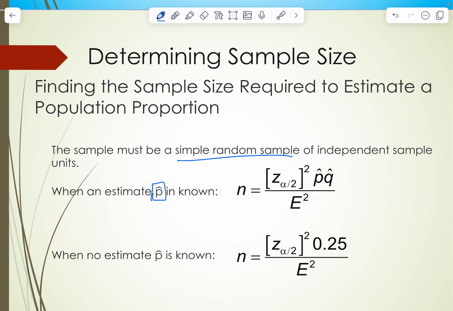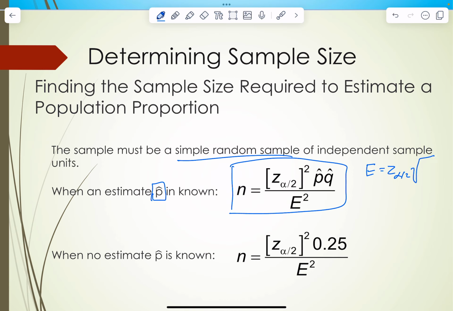However, if it is known, then this is what you want to do. Notice that this is just solving this equation for n. There's nothing magical about that.